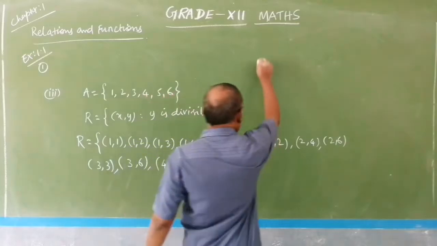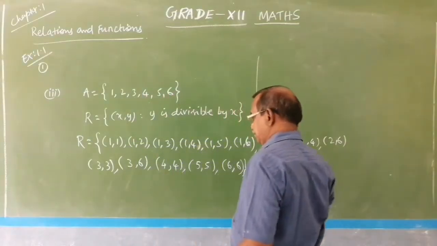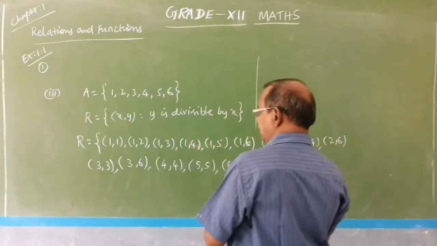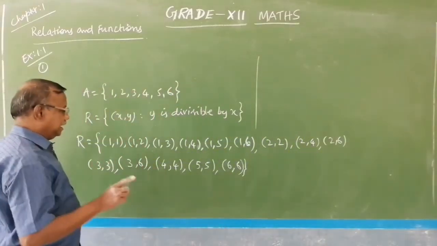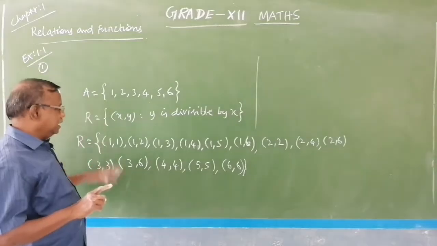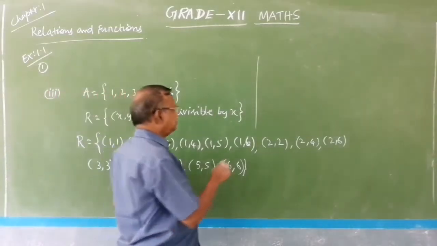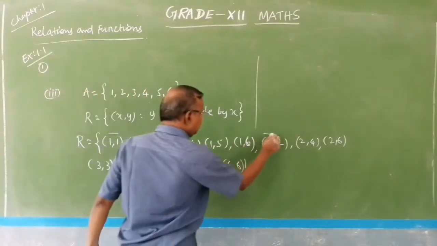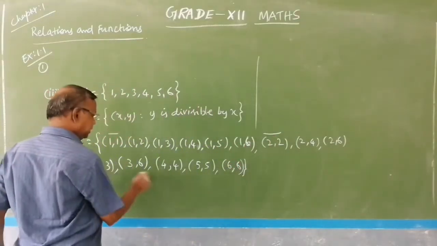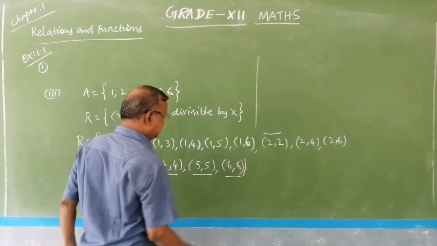Now, consider first, is it reflexive. For reflexive, every element (a, a) must belong to R. Here we have (1, 1), (2, 2), (3, 3), (4, 4), (5, 5), (6, 6).